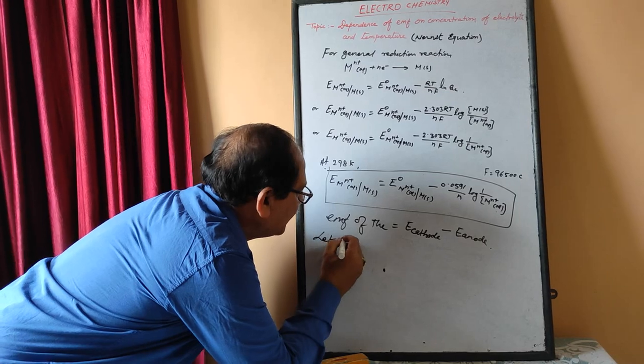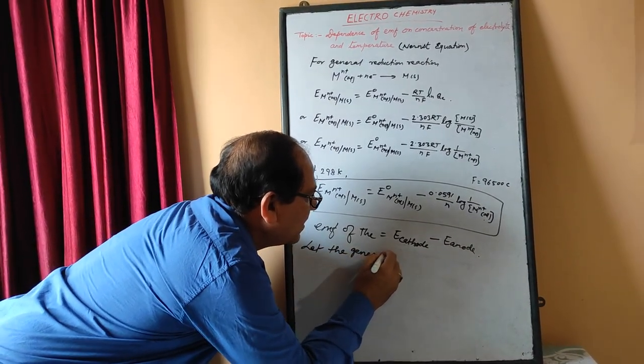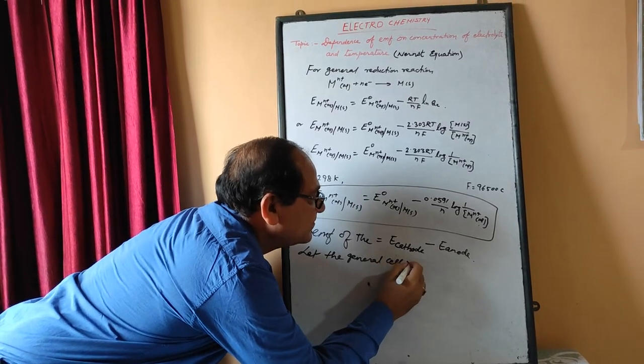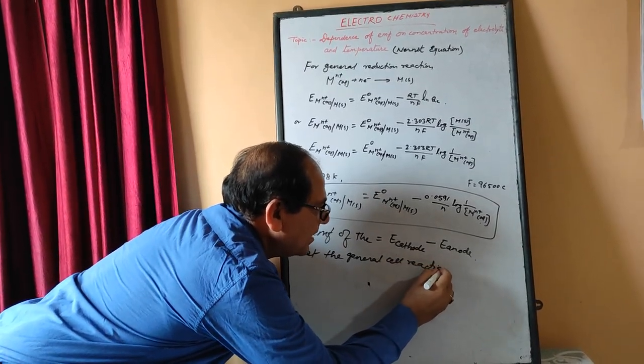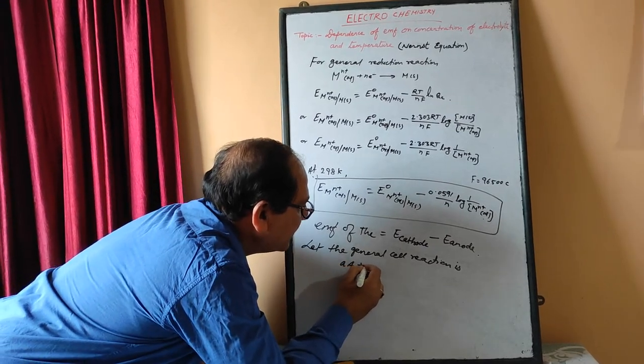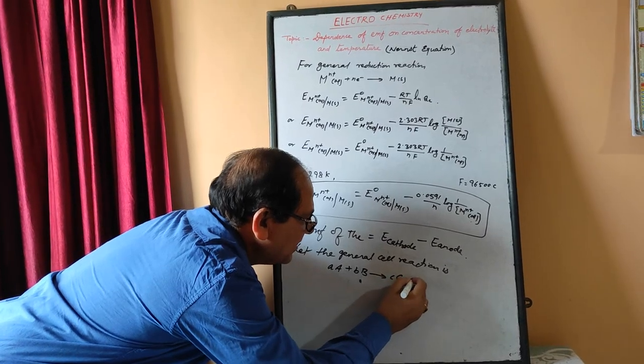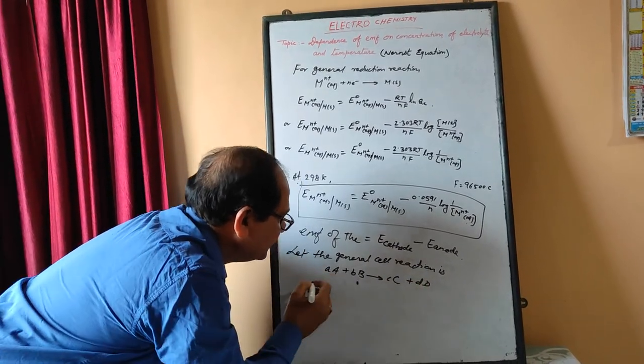Let the general cell reaction be aA plus bB gives cC plus dD.